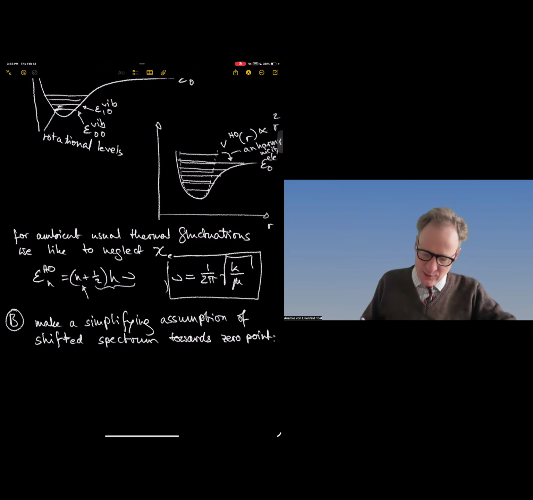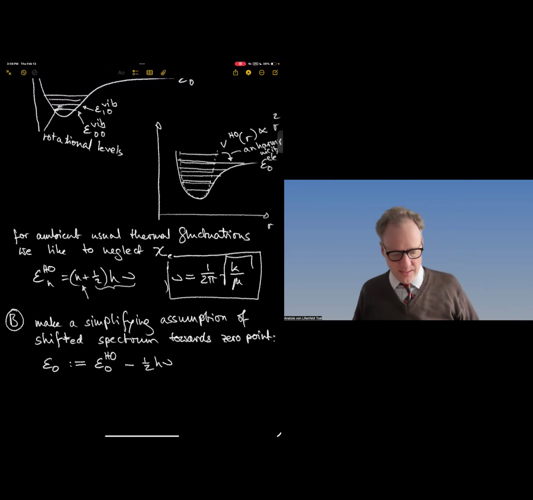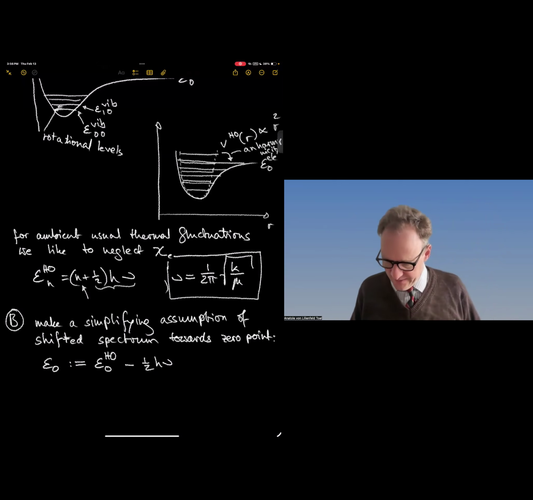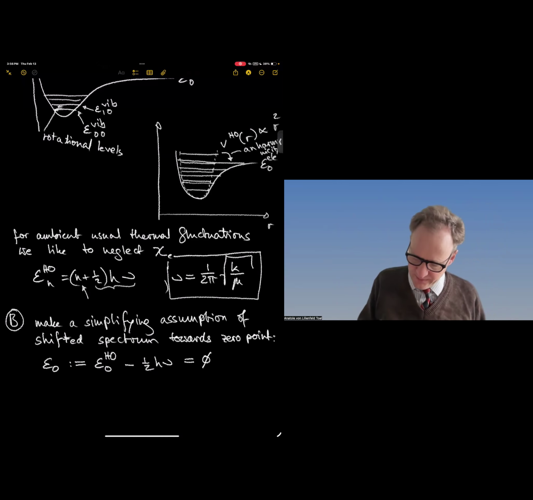And we can easily do this by redefining our new epsilon 0, the vibrational harmonic oscillator 0 minus this offset, and this thing we set to 0, right?